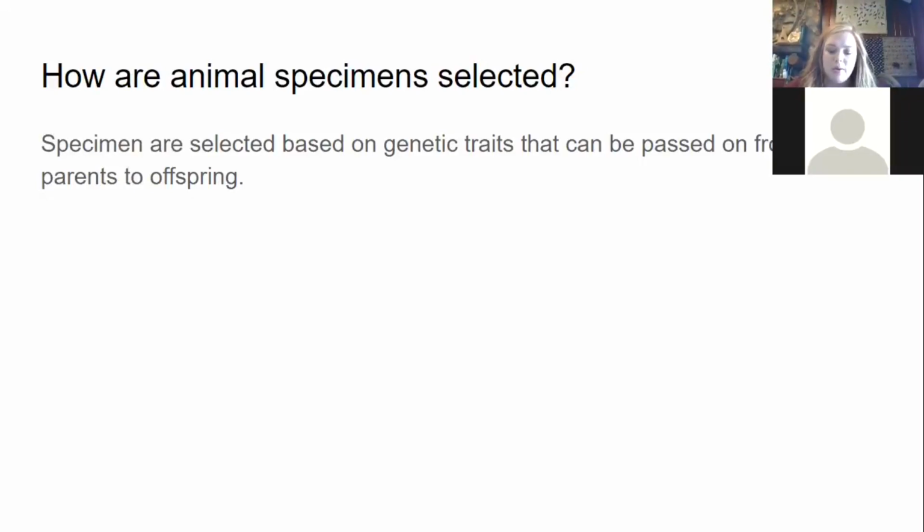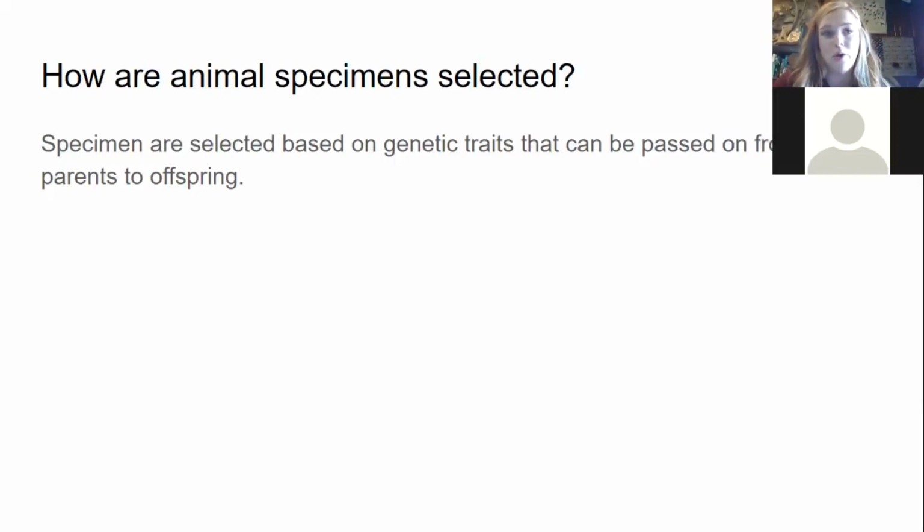They have these things called stud books, and they will take a specimen like Ghost, the red wolf, and a specimen like Wea, and they'll pair their genes together to see what the potential offspring would look like, how healthy they would be, to make sure that they would develop properly as far as their internal organs go.